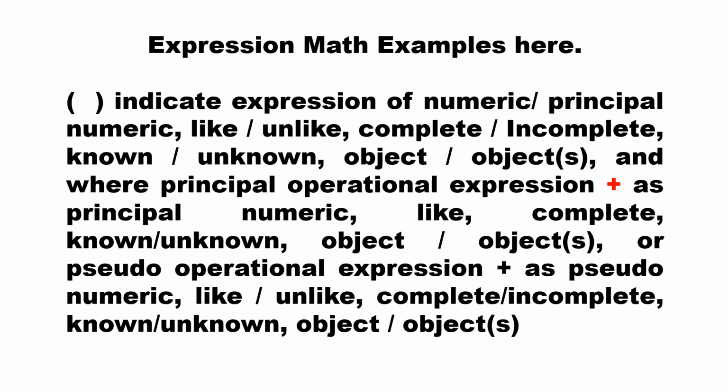Parentheses indicate expression of numeric or principal numeric, like or unlike, complete or incomplete, known or unknown, object and/or objects, and where principal operation expression plus, red plus, as principal numeric, like, complete, known or unknown, object or objects. Or it could indicate a pseudo operational expression with a black plus, as pseudo numeric, like or unlike, complete or incomplete, known or unknown, object and/or objects.